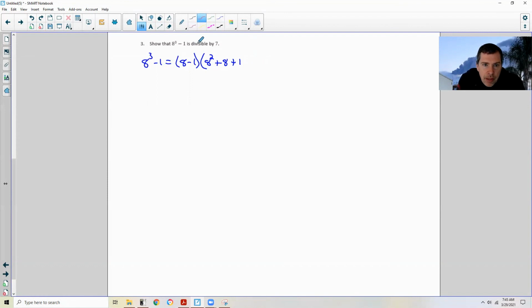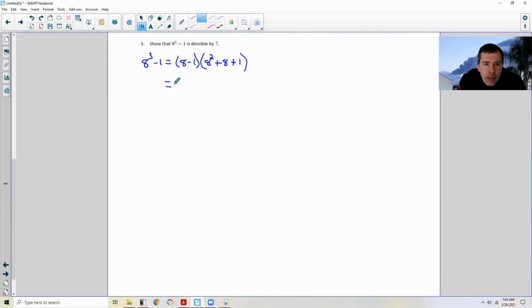So it's going to just be this number, the base, to the power one less than the power we started with, and then you just decrease a power at a time all the way down until you get to the base to the power of 1, and then you add 1 at the end. That's basically what that formula is.